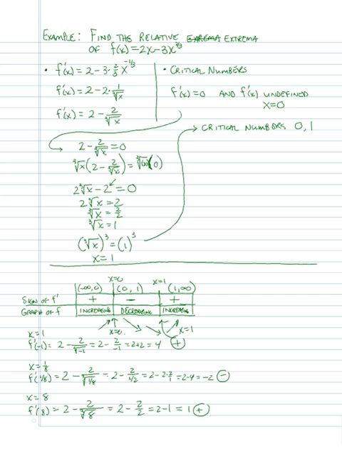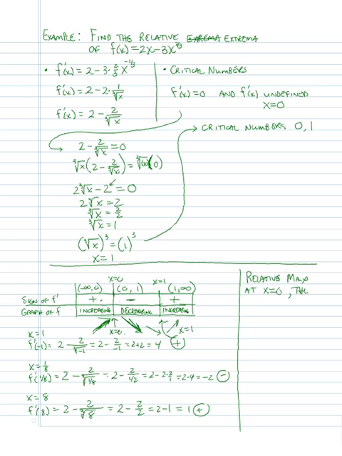So we have our information. A relative maximum at x equals 0, because we were going up and then we're going down. When it changes from positive to negative, we have a relative maximum. Relative maximum at x equals 0.